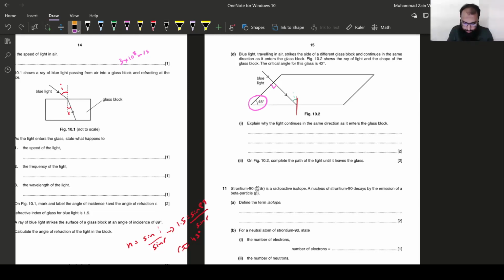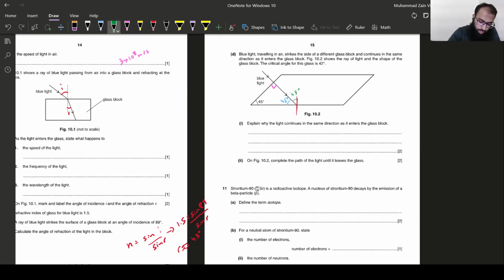If it is 90 degrees, then by the total angles in a triangle being 180 degrees, this is supposed to be 45 degrees. And this angle of incidence here is equal to 45 degrees, which is greater than the critical angle, 42.